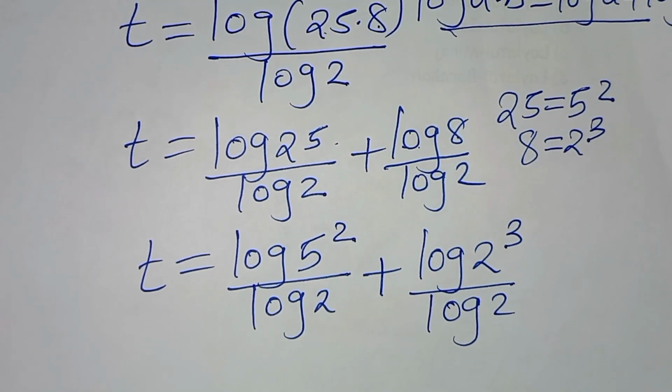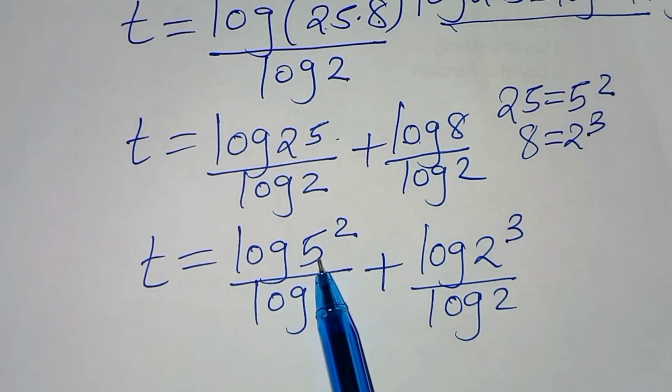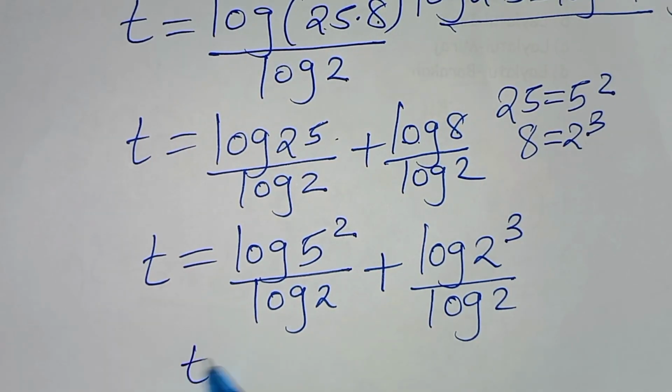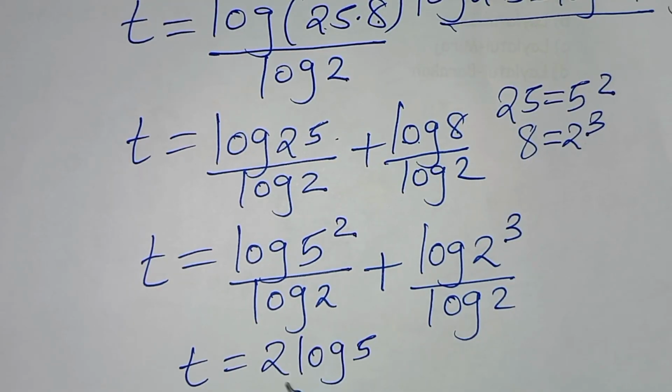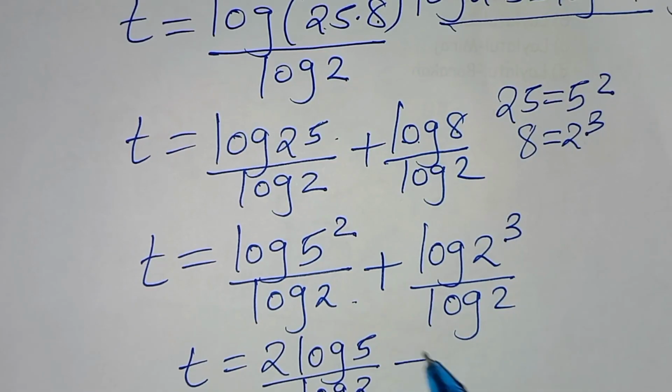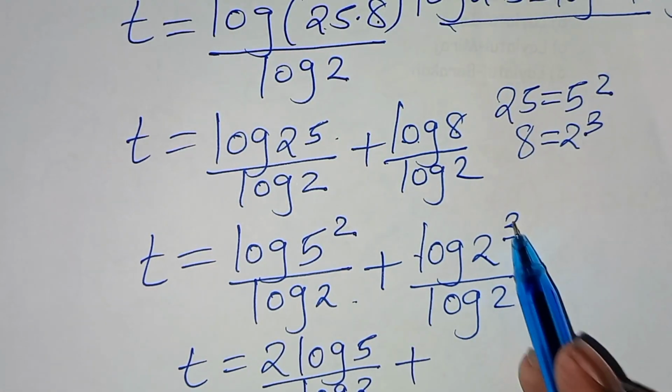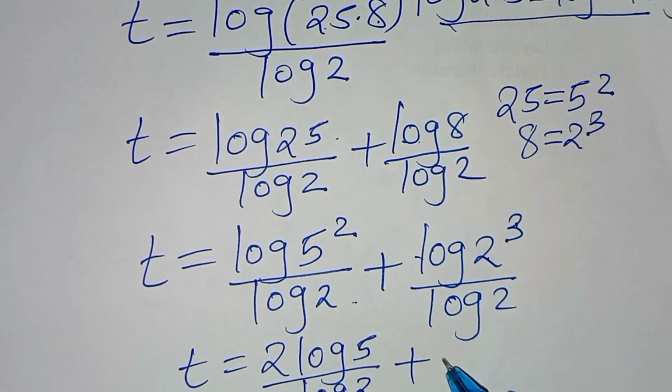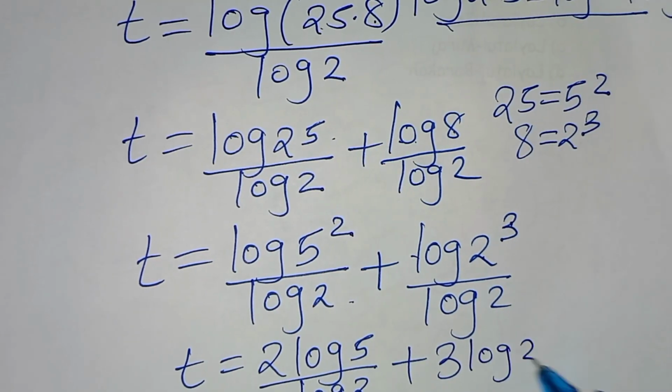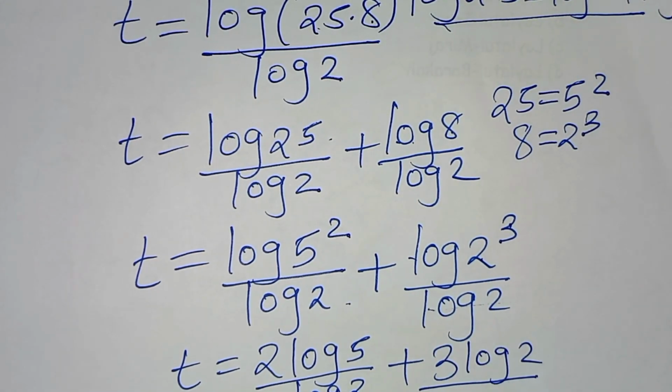The next step from here, we find that log 5 to the power 2, applying the power rule property, we'll have 2 log 5 divided by log 2 plus log 2 to the power 3. Applying the power rule property becomes 3 log 2 divided by log 2.